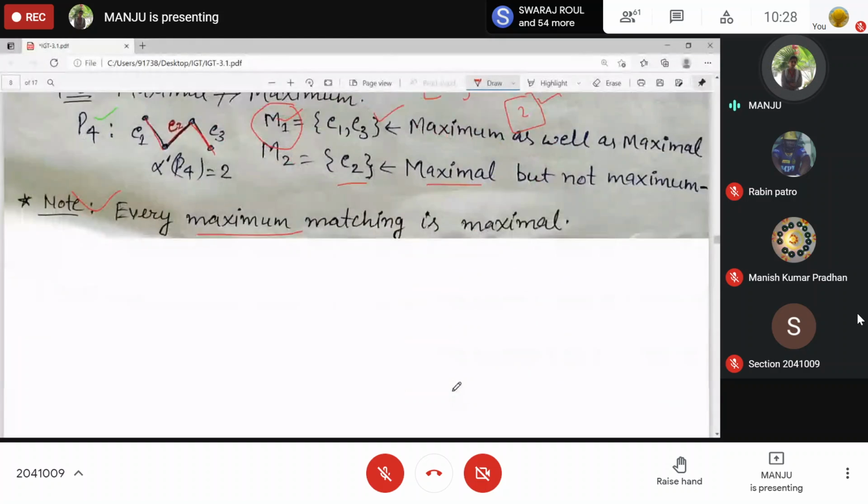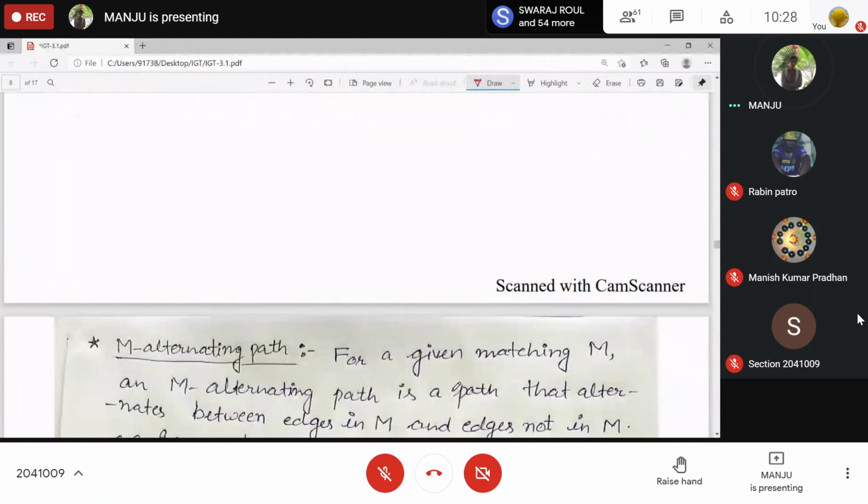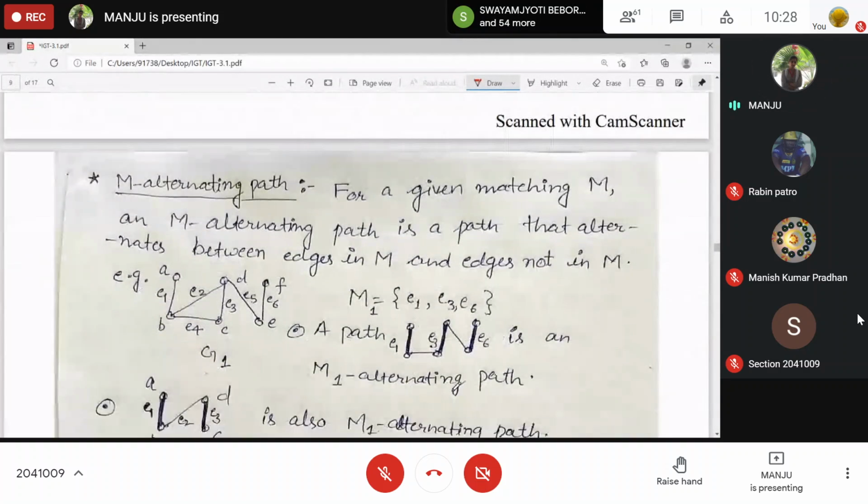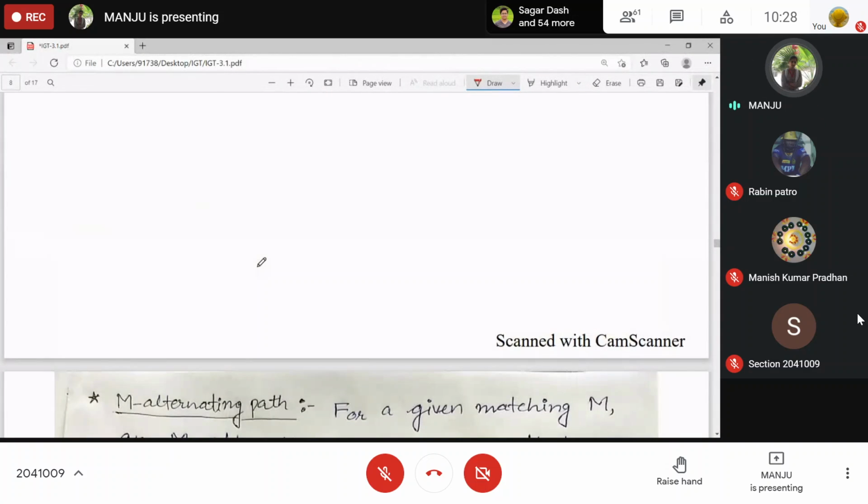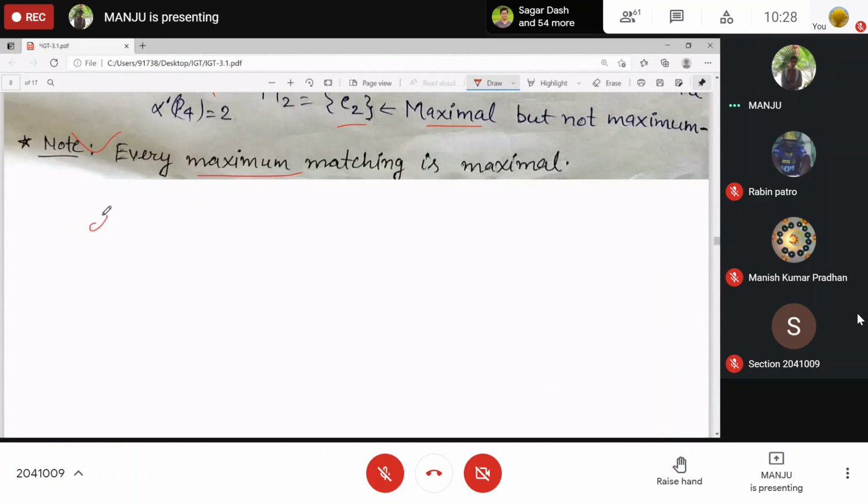Every maximum matching is maximal. Now you have a path. Before that, in this graph we have discussed P3 and P4.